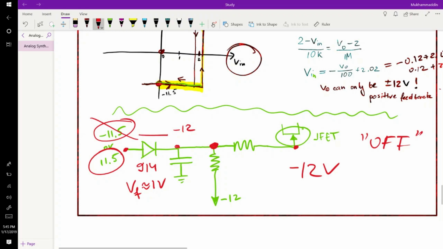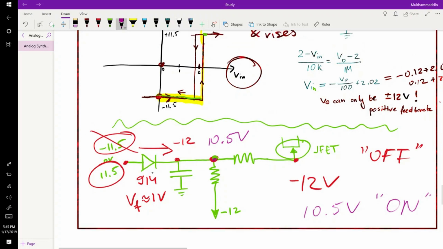That means this diode is conducting, and since this diode is conducting, there will be about 1 volt drop across that diode. That means at this node we will have 10.5 volts. That means our JFET is on.